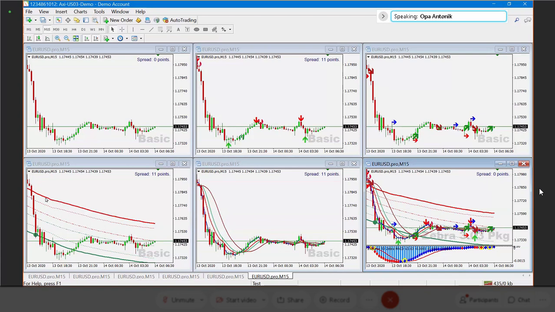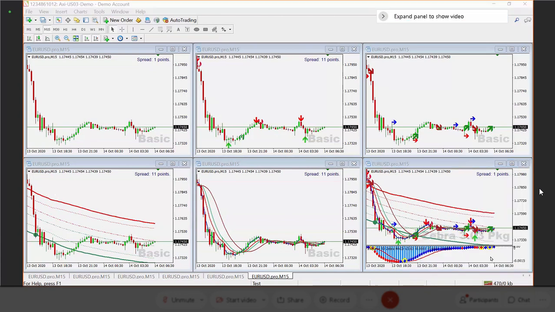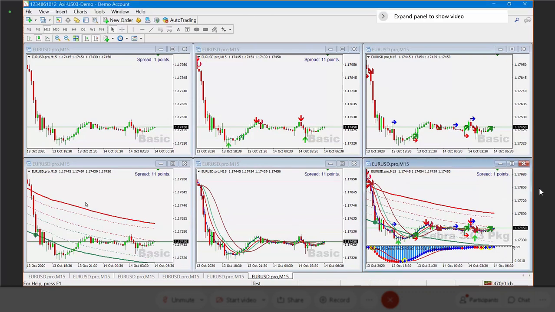So when price goes into the upper band of the channel, price is indicating that it is overbought. If it's overbought, price is likely to start pulling back and coming down, especially if we have a channel flow indicating that price is coming down.